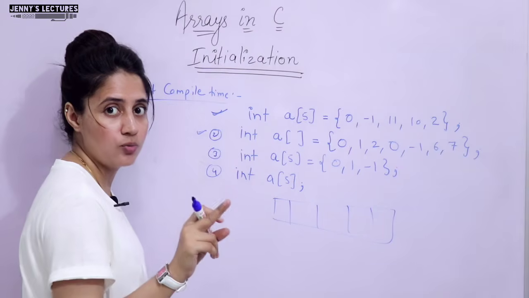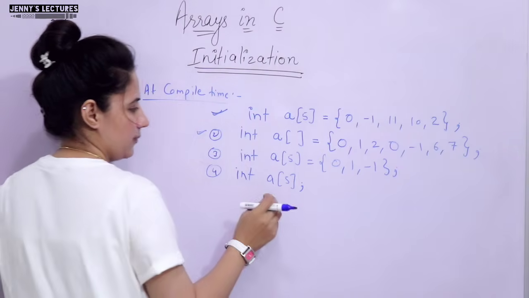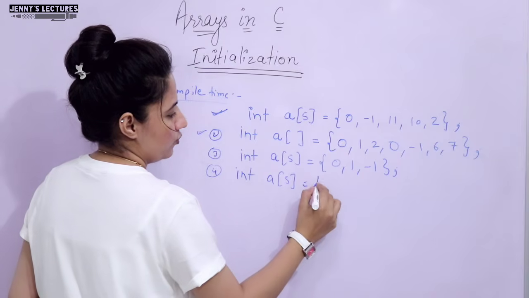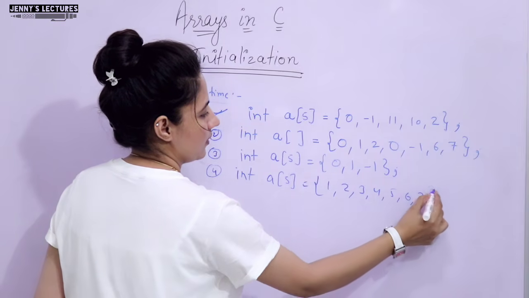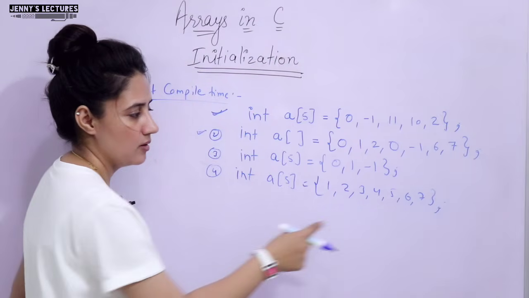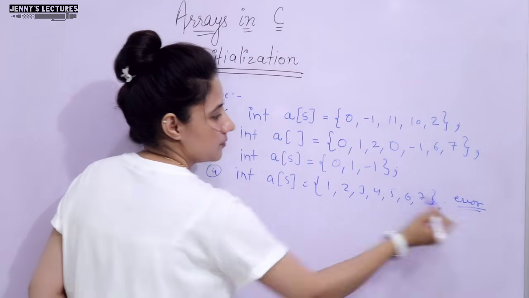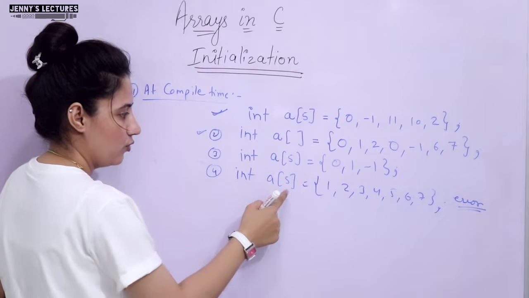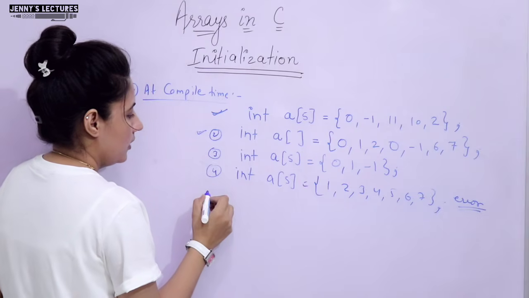I will show you the output also. And if you write something like a[5] = {1, 2, 3, 4, 5, 6, 7}, the size is 5, but I am providing 7 data items. This will give an error, because we have already fixed the size as 5, we can only store 5 numbers.